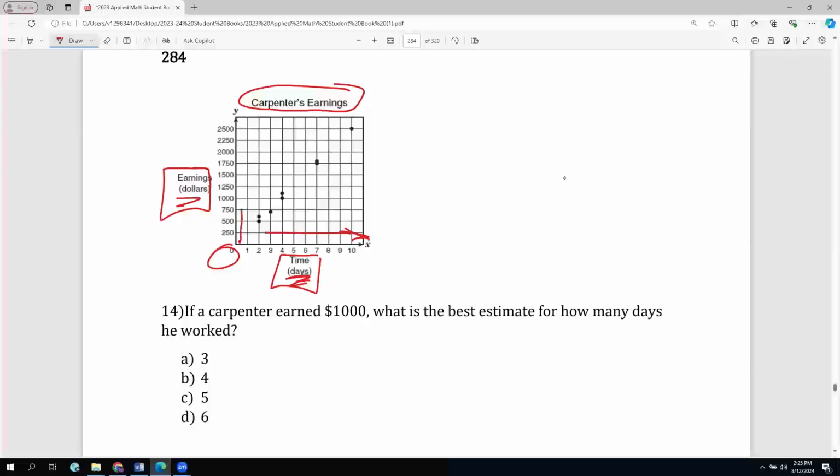Also from the low spot, as I look up, I'm increasing the number of earnings or dollars. Now, look at where the data is going. If I asked you how your data is moving over time or the number of days, which means as I start at 0 and look to the right, are my data points getting higher on the graph or lower on the graph? Well, you'd say they seem to be moving higher.